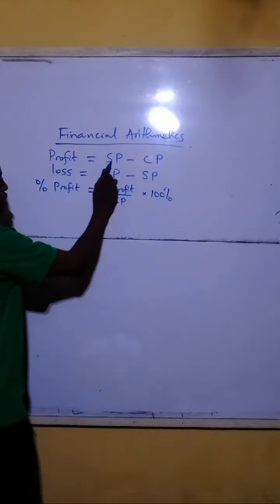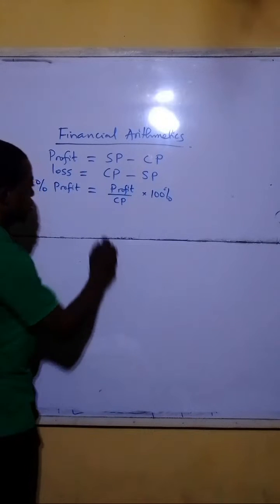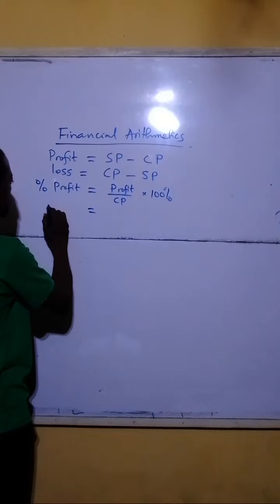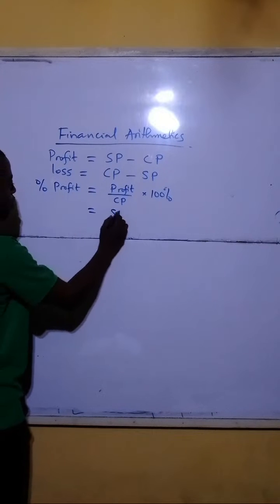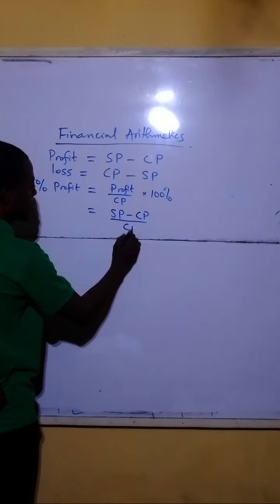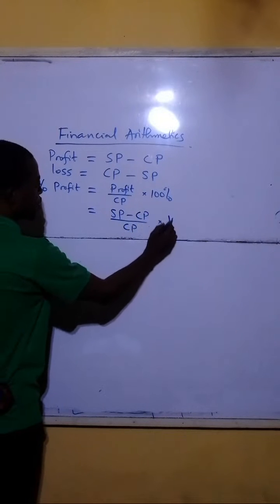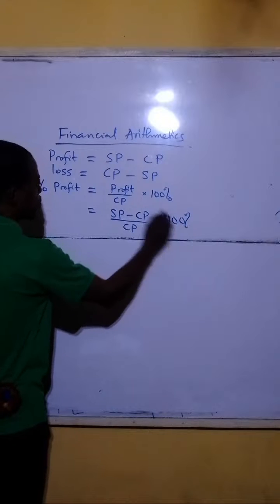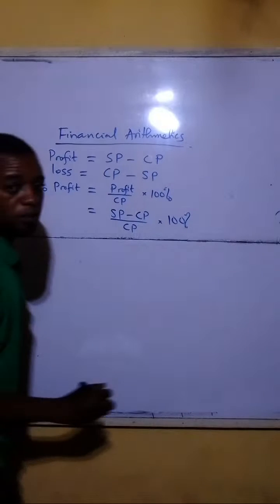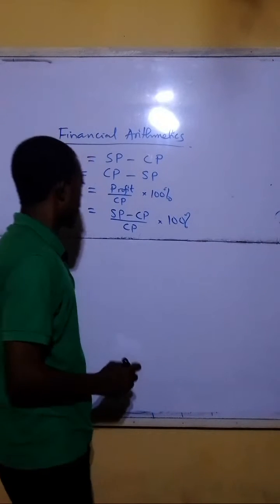And since the profit is selling price minus cost price, this is the same thing as writing percentage profit equals selling price minus cost price over cost price times 100%. So either of these two formulas will be useful when calculating percentage profit.